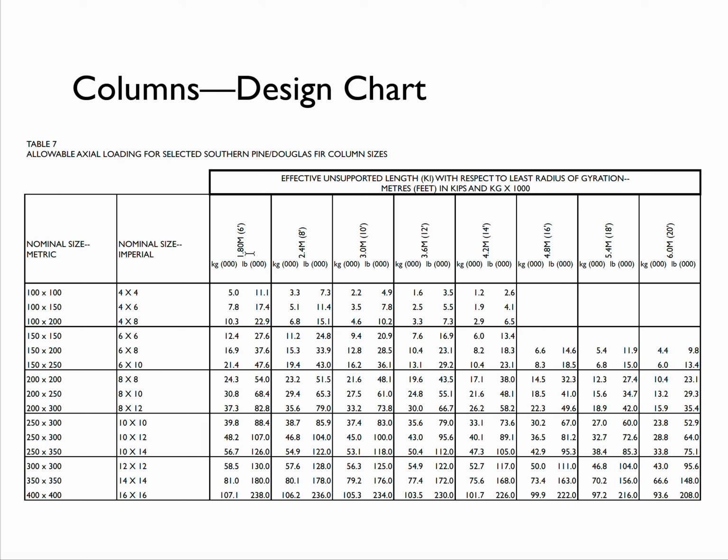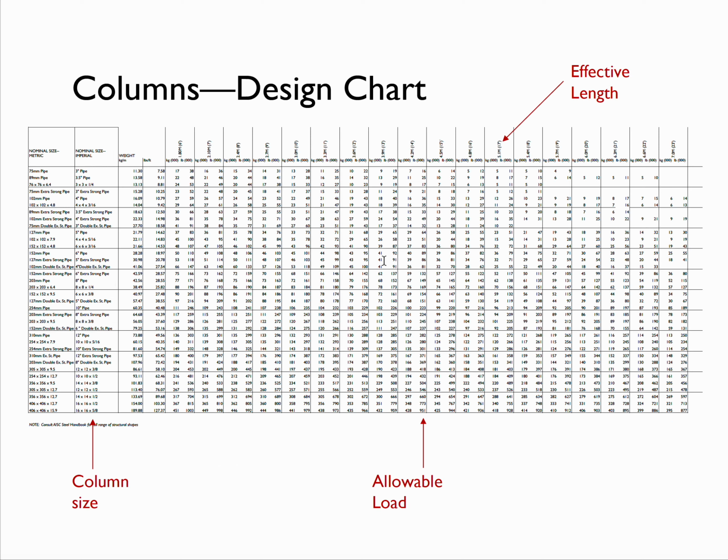What do we see here? Height, right? Because this is about its unsupported length. So is it 6 feet, 8, 10, 12, etc.? Then it's also sorted by weight. Column size, allowable load, which is its weight, effective length, KL.